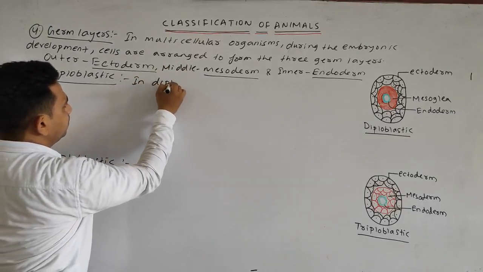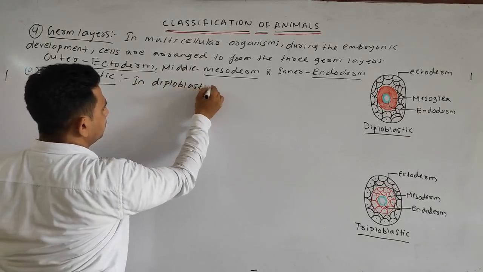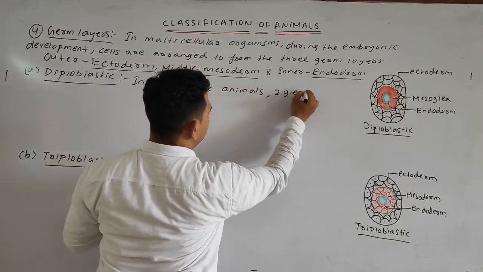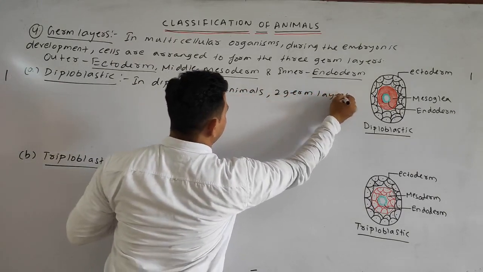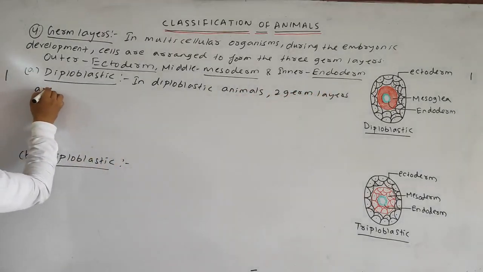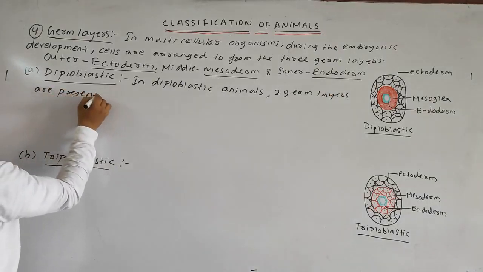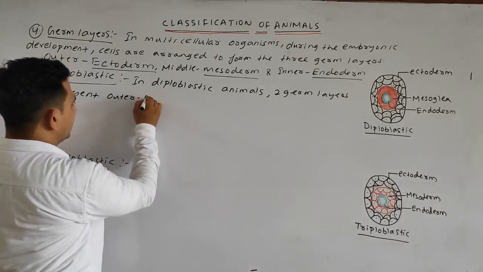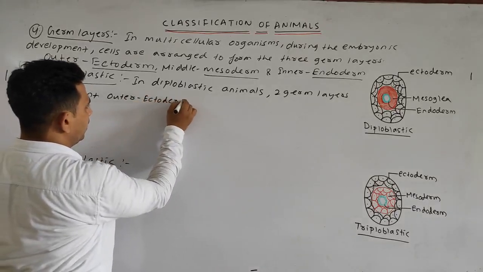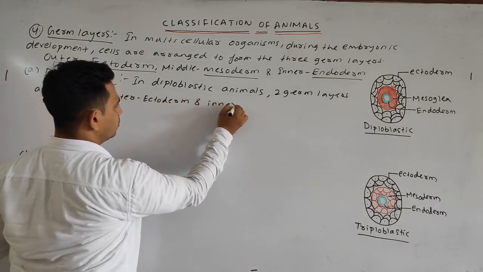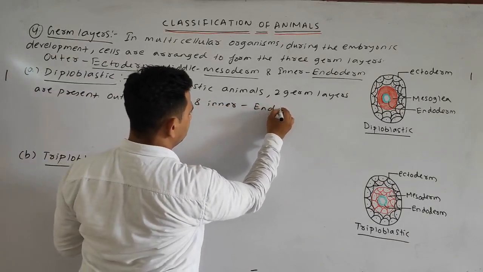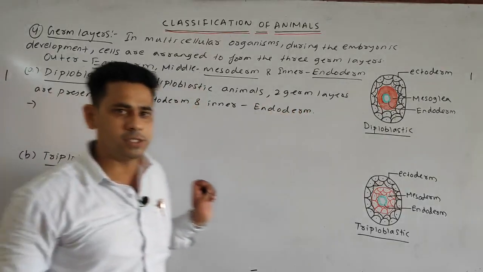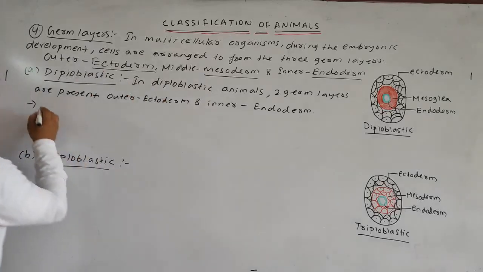So we can write: in diploblastic animals, 2 germ layers are present, outer ectoderm and inner endoderm. Apart from that, an undifferentiated layer is present, that is called the mesoglea.